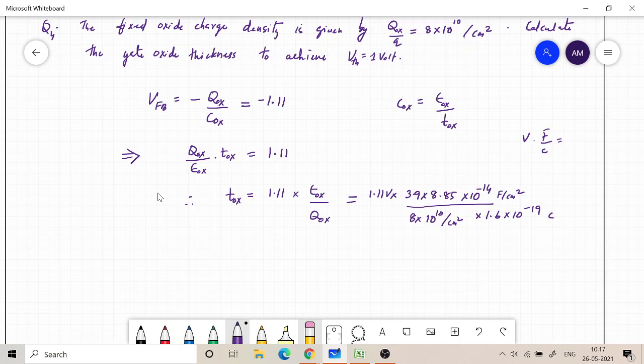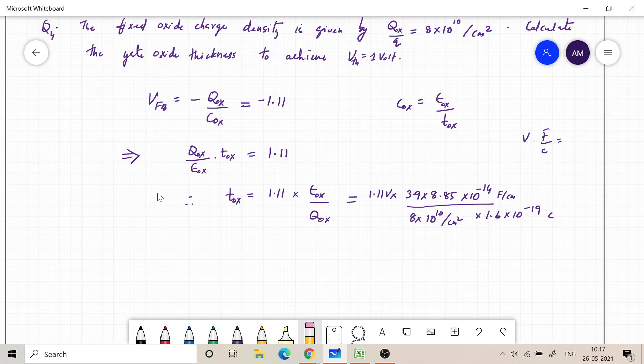Q is equal to CV, so it is going to be farad per centimeter. Okay, so now it is fine.